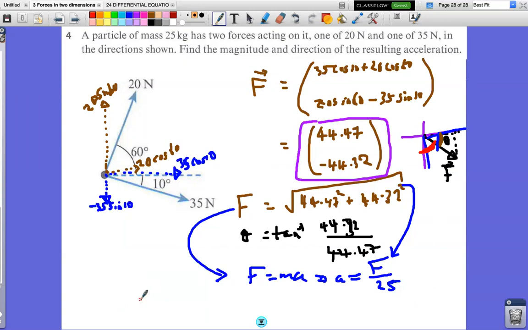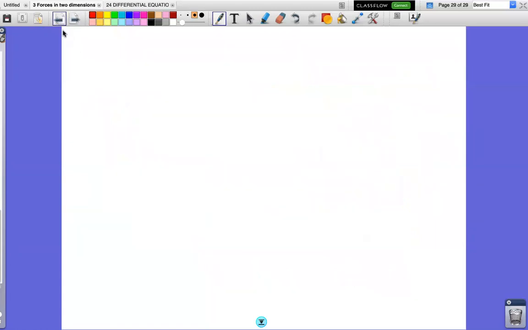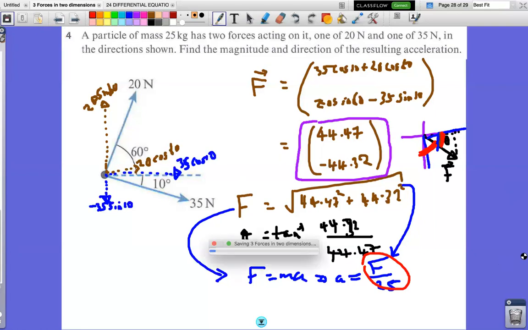So your conclusion will say that the force is this value at an angle of this to the negative y-axis, or at an angle of this below the x-axis.